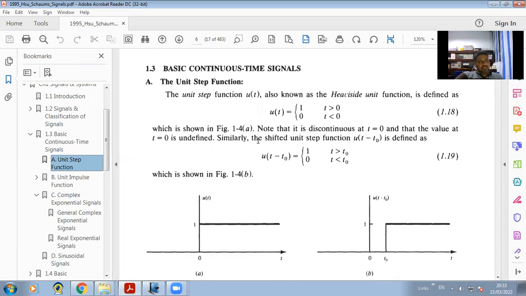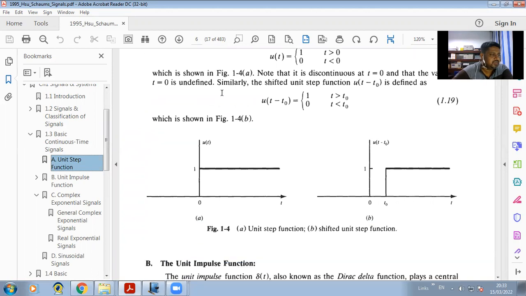When I draw the graph, it is not clear. Today we have learned three new basic functions: the unit step function, the unit impulse function, and the complex exponential function. Please remember those three.